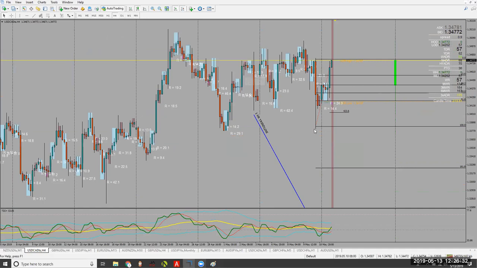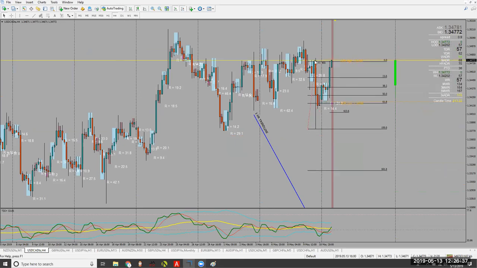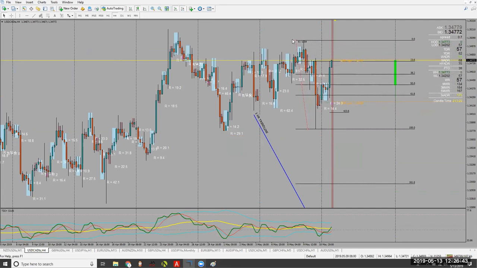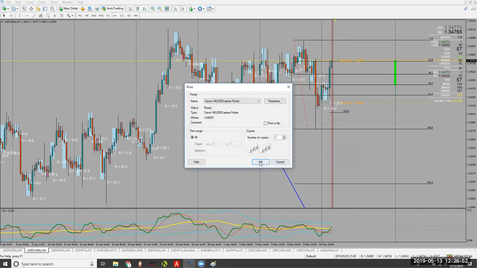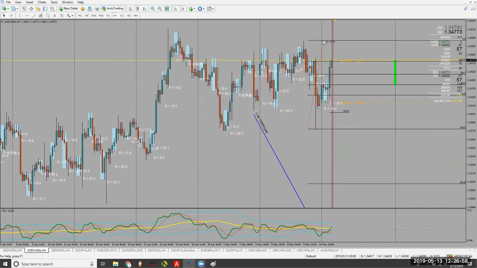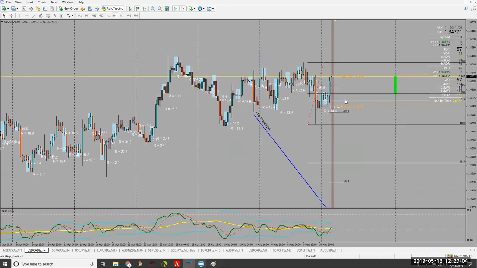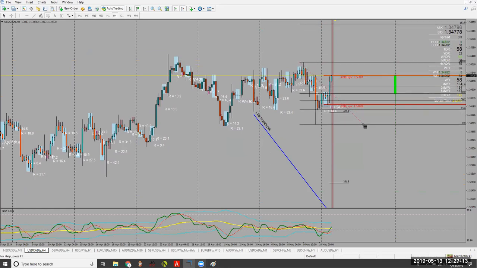Okay, which is simply just a full 100% retracement of this previous trend to this rally, or even just a retracement of this trend up here to the 61. Sorry, I do that wrong. Let's go from here to here.